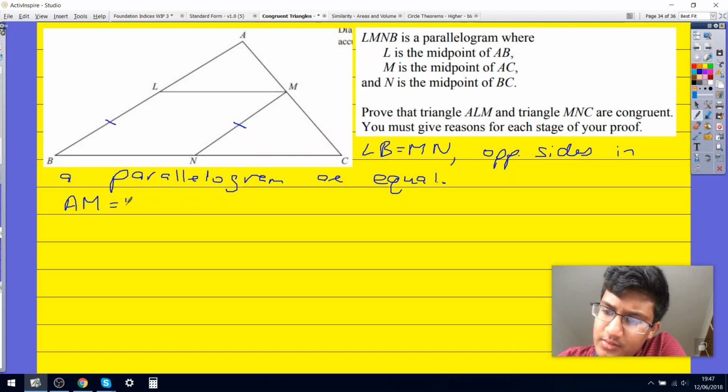So far, because we're doing the top and the bottom right triangles, we currently only have one side the same. So say N is the midpoint of BC. So then you can say BN is NC because N is the midpoint of BC.